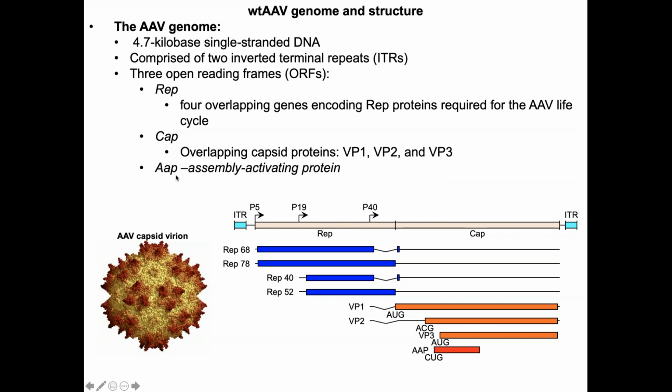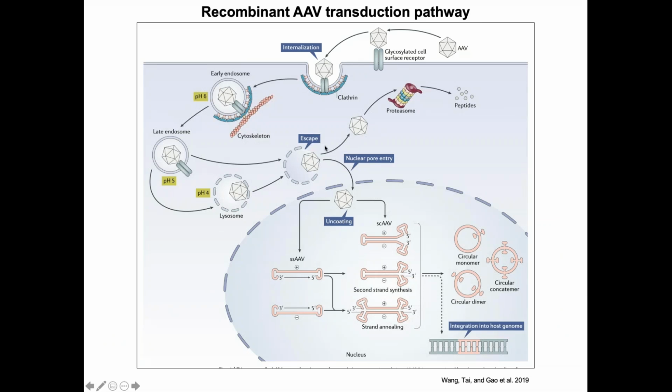And then a few years ago, a third open reading frame called assembly activating protein was discovered, and this protein actually helps to shuttle the capsid monomers into nucleoli to help form the capsid.